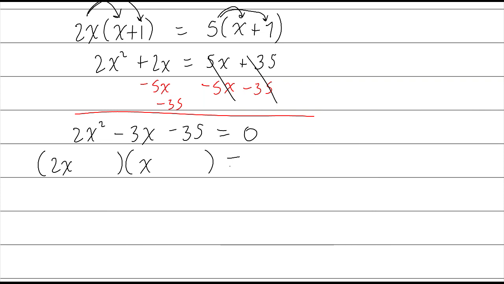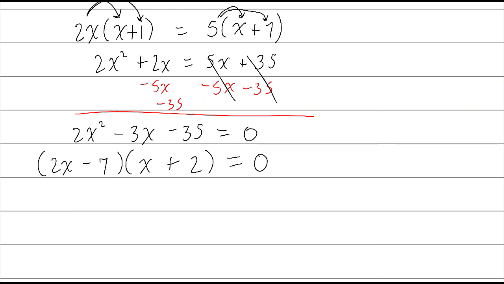I'm just going to guess some numbers here because I know I have to have a 2x and an x, right? That has to happen in order to get 2x squared. Now I have to find something times something that will give me negative 35. And so what comes to mind would be negative 7 and positive 5. Okay, so now that's not officially my factored form.